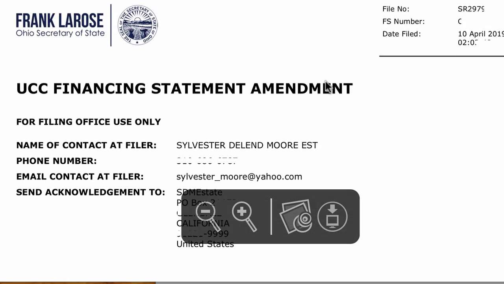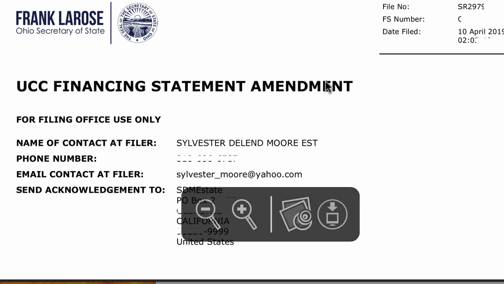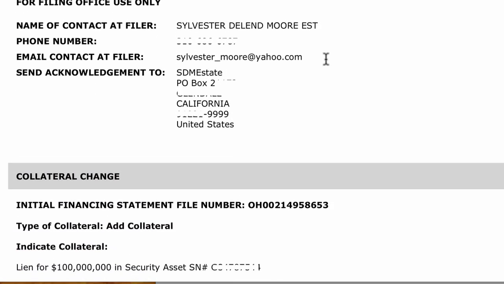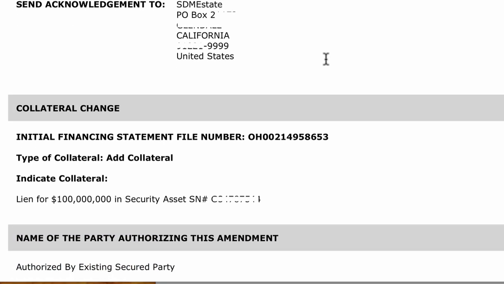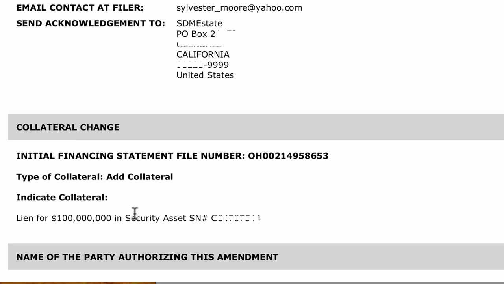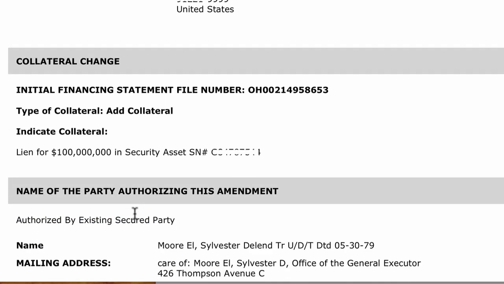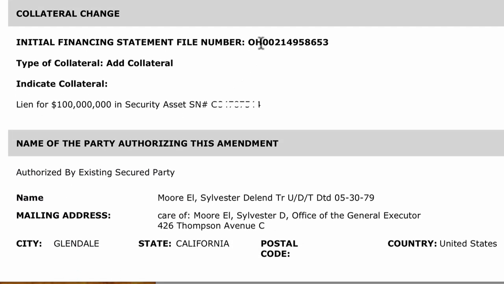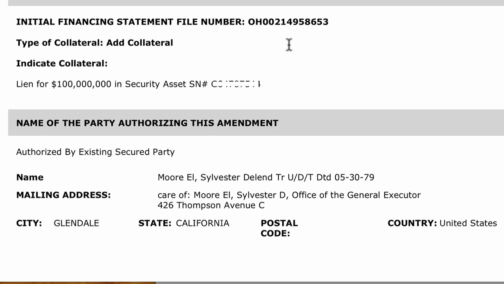What is this here? This is my real UCC financing statement. This is mine. So, no, this is not mine. This is just an example of titling an asset into an estate. But this is a UCC3 that connects to my master filing, which you can see. This is my filing number right here, my initial financing statement. Most states that you do UCCs in, they're very good about tracking UCCs.